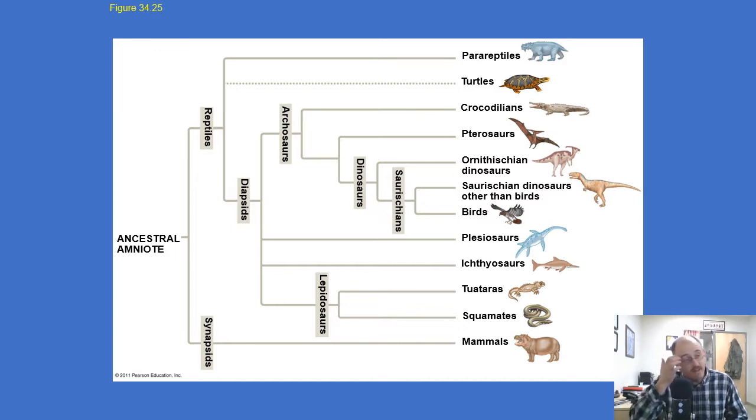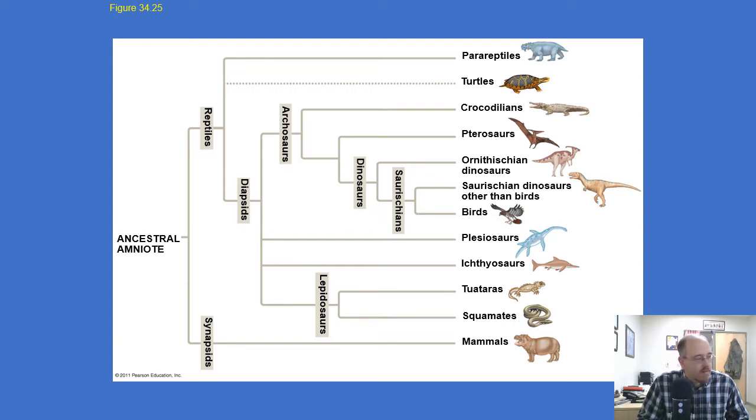They're often called synapsid reptiles, but they're a very distant branch of reptiles that led to the mammals. Whereas reptiles, we can see up here, are more closely related to each other than they are to the mammals. So there's a true clade of reptiles that includes the birds, and then a separate clade of the mammals.